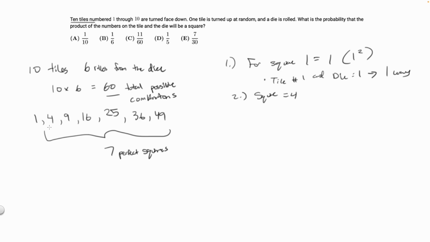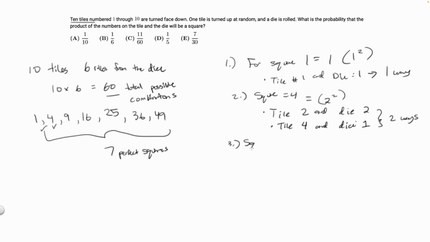So from over here, square 4, to get that we get 2 squared. And for 2 squared, we can use tile 2 and die 2, or we could use tile 4 and die 1. So from this we have 2 ways.